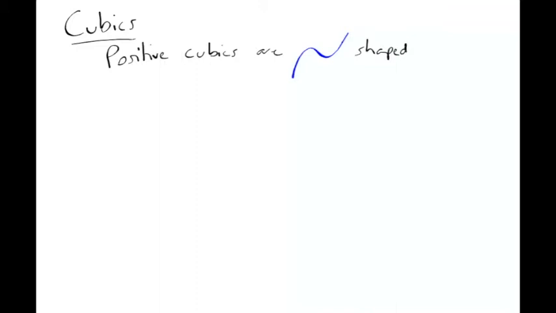We move on to cubics. Cubics have two basic shapes. One of them's the normal shape, up, down, up. The other one's the special shape. Positive cubics are normal shapes, up, down, up. Special positive cubics don't do the down bit, they go up, pause, up, like this.